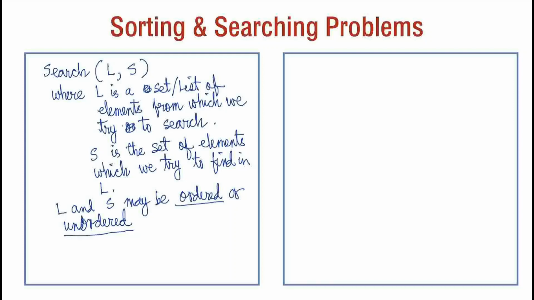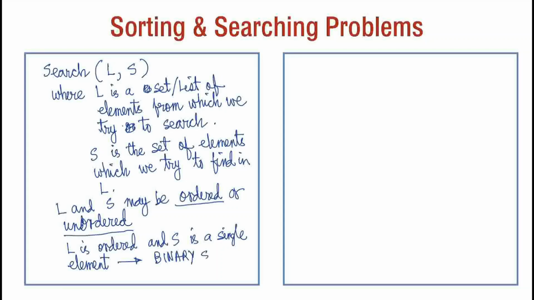And from there, when L is ordered and S is a single element, we came up with the notion that the binary search algorithm is the best divide and conquer choice.